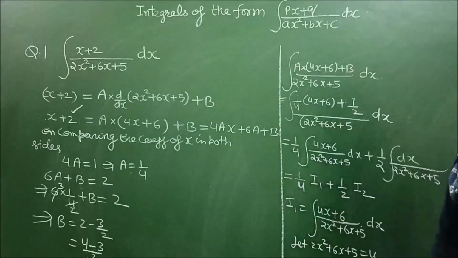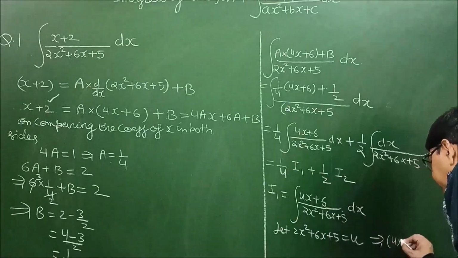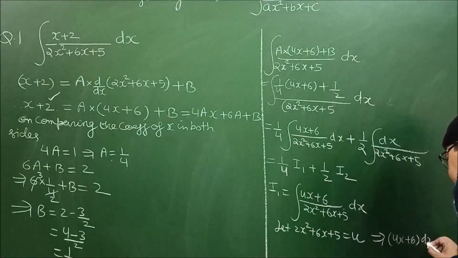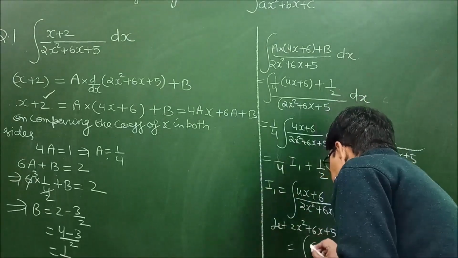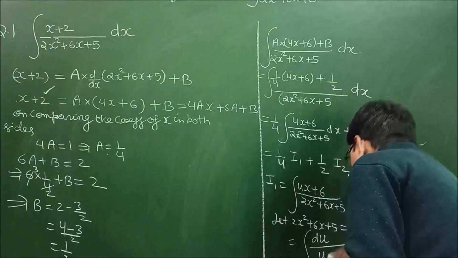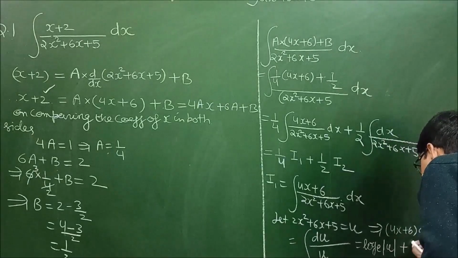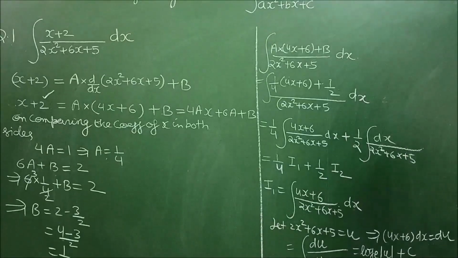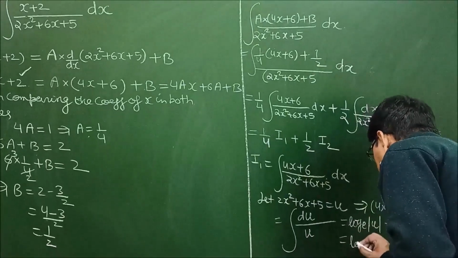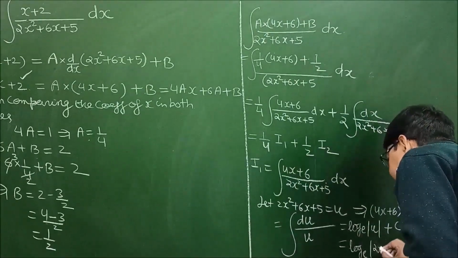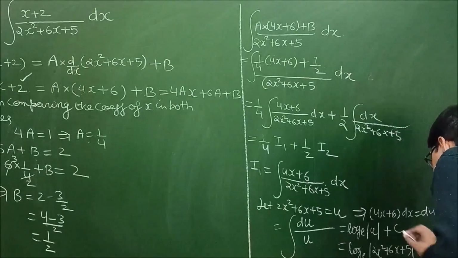Now if we differentiate both sides, then we get (4x + 6) dx equal to du. So this integral reduces to the form integral of du upon u, which is equal to log mod u plus c. Now the value of u is 2x² + 6x + 5, so this is equal to log base e of (2x² + 6x + 5) plus c1.